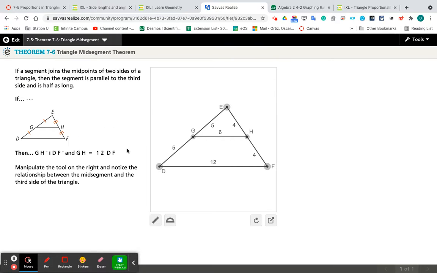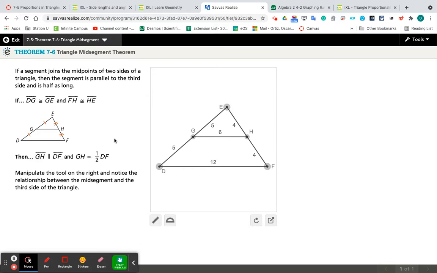And in the triangle, we came to the conclusion that if this happens to be a segment that bisects the other two sides, the line segment GH is always going to be half of the third side, and that is because the two triangles are similar.